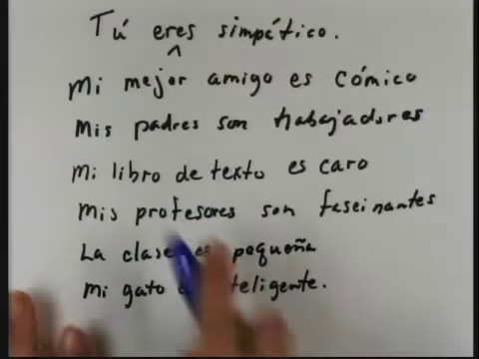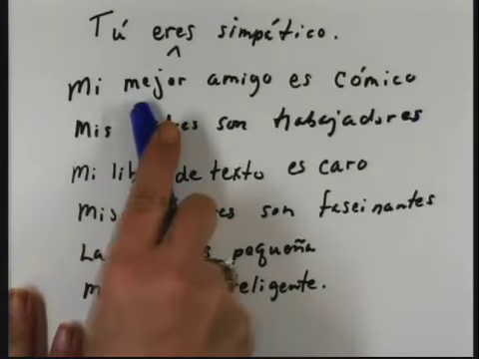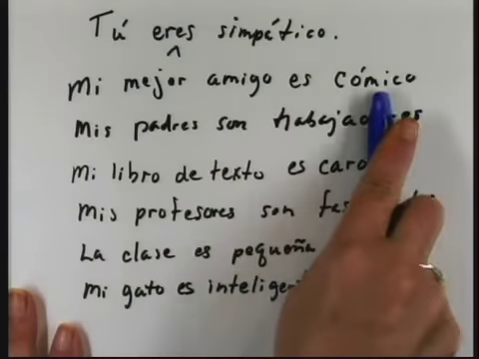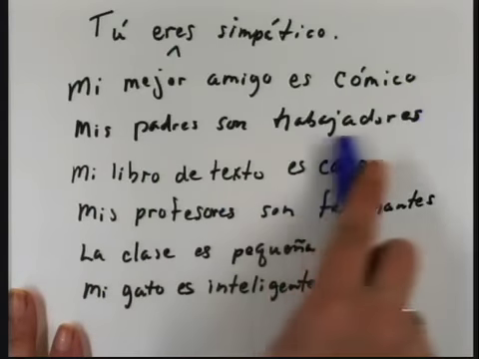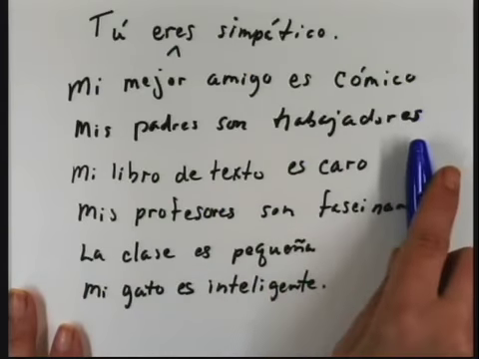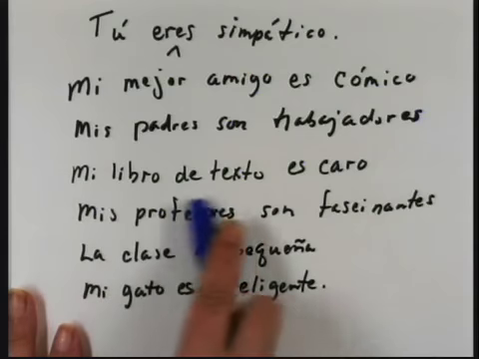Okay, here are some examples of sentences that I made out of those components. Por ejemplo, mi mejor amigo es cómico. My best friend is funny. Mis padres son trabajadores. My parents are hardworking. Mi libro de texto es caro.